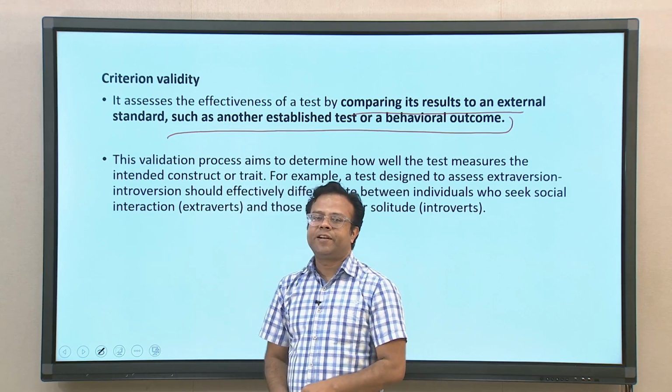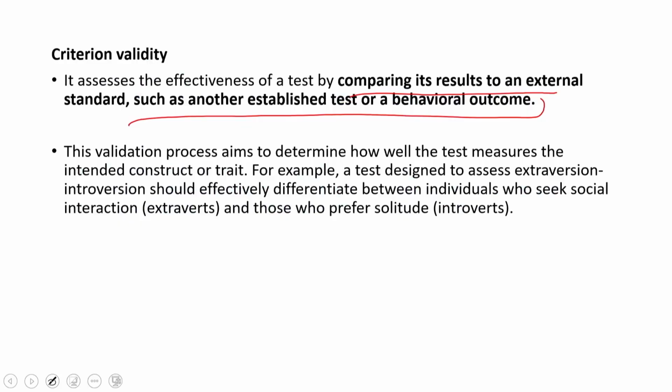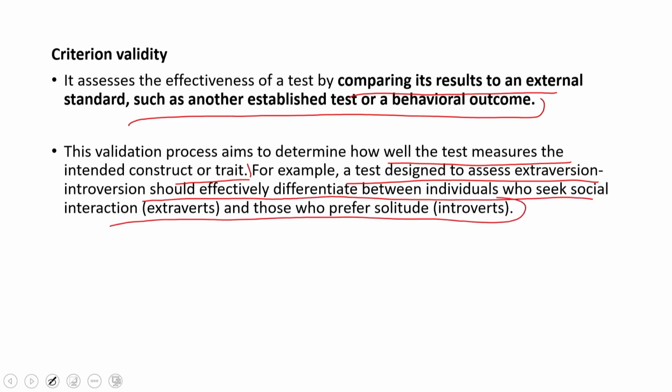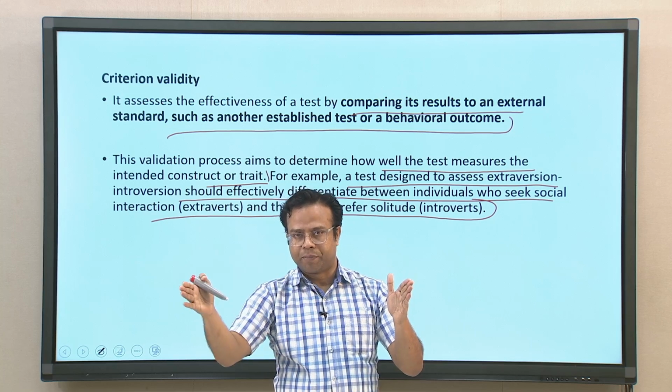So, this validation process aims to determine how well the test measures the intended construct or trait. For example, a test designed to assess extroversion or introversion should effectively differentiate between individuals who seek social interaction and those who prefer solitude. Let us say we are trying to measure extrovert people and introvert people.